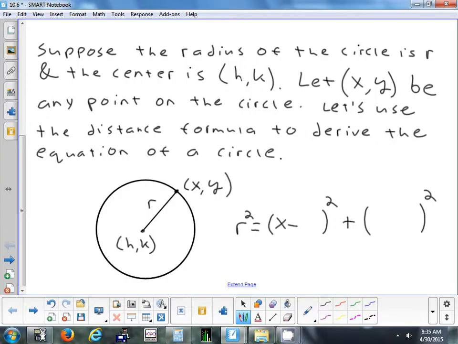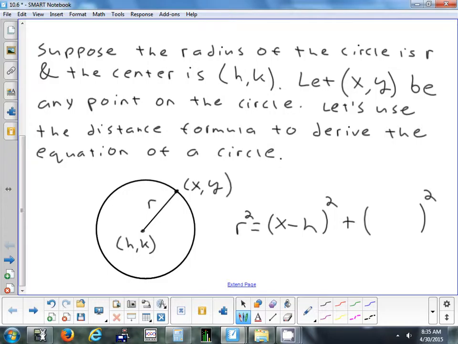It doesn't really matter which way you do it, because when you square something, it gets rid of any negative. That's the only difference when you change the order you subtract: you could get a negative, but if you square it, it gets rid of the negative anyway. But let's just get used to writing it as x minus h.